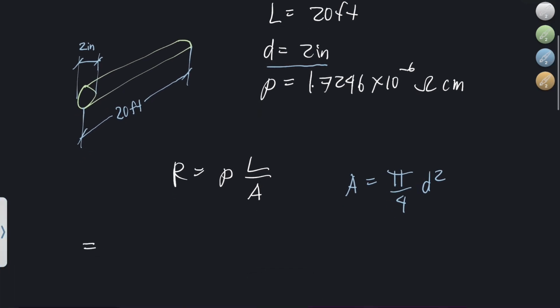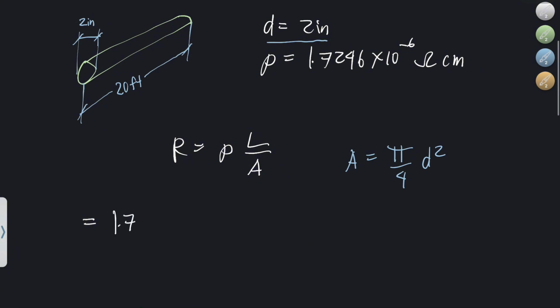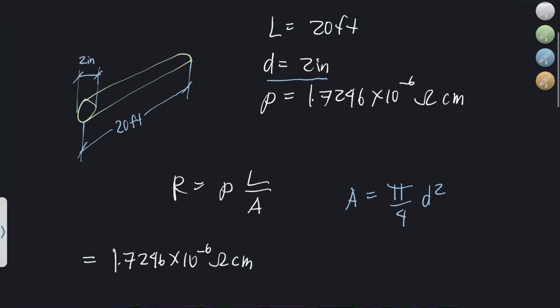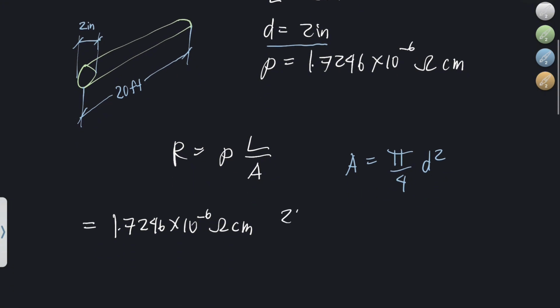So the resistivity is 1.7246 times 10 raised to negative 6 ohm centimeter multiplied by the length, which is 20 feet. Then we're going to convert feet into centimeters.